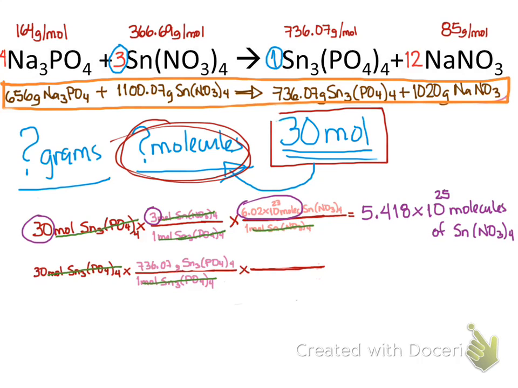So it will be the same amount, 736.07 grams of tin phosphate, and it equals how many grams of tin nitrate? 1,100.07.